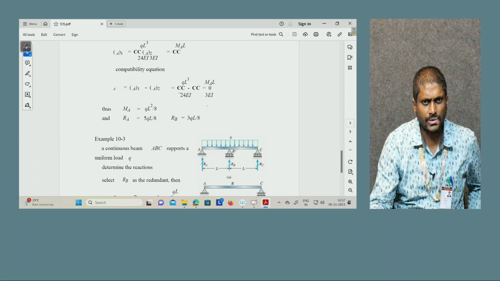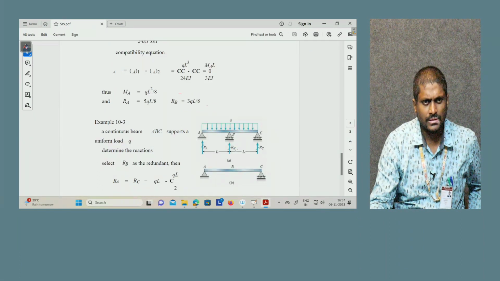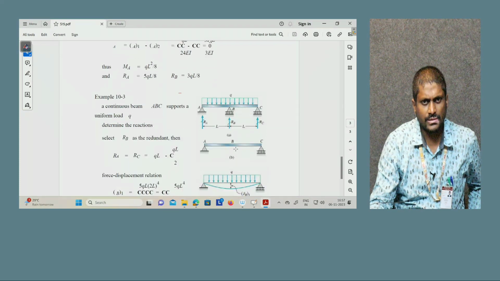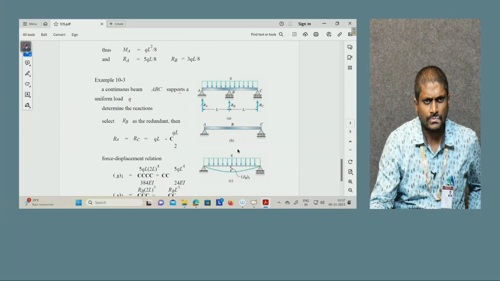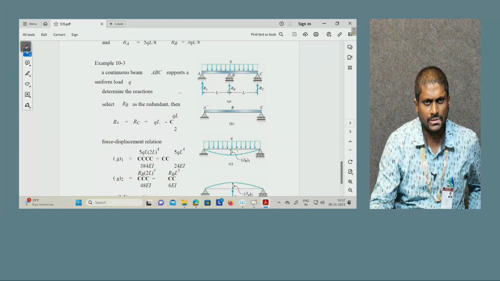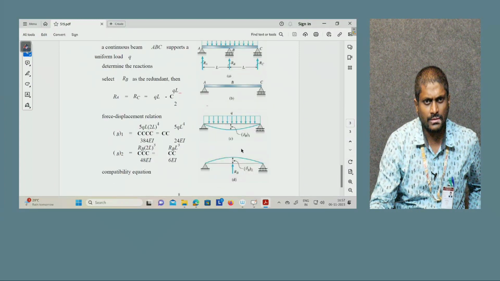A continuous beam ABC supports a uniform load q. Determine the reactions. Select RB as the redundant, then RA equals RC equals qL minus RB by 2. Force displacement relation, 5q(2L) to the power of 4 by 384 EI, 5qL to the power of 4 by 24 EI, then RB (2L) cube by 48 EI, RB L cube by 6 EI.